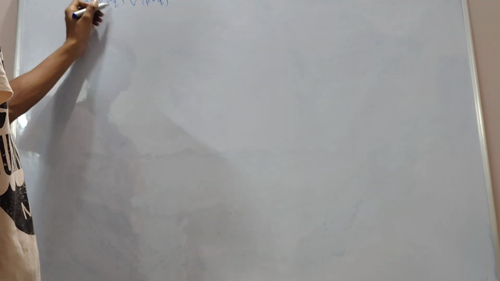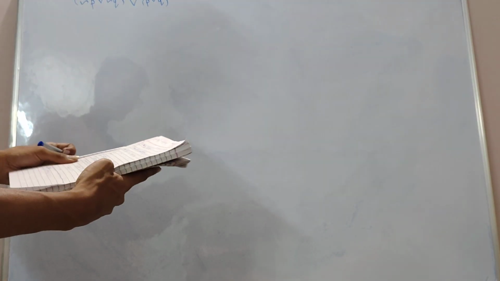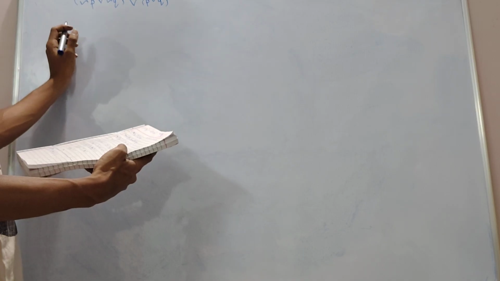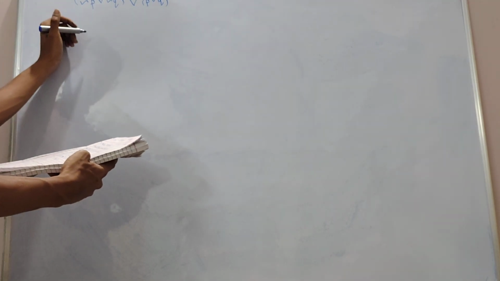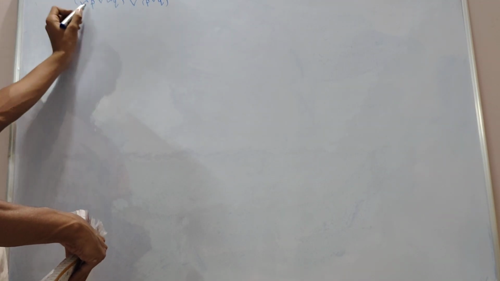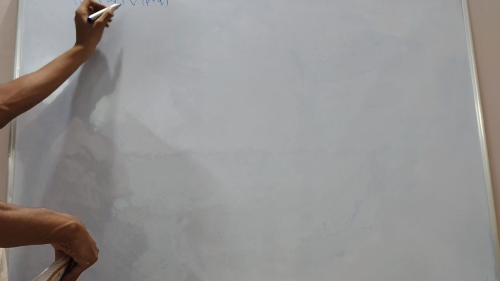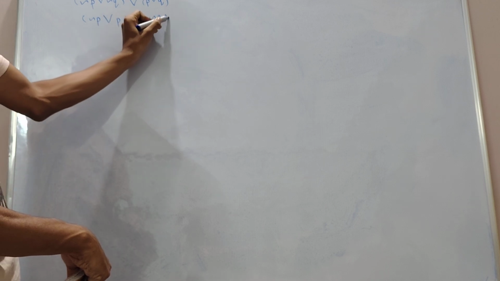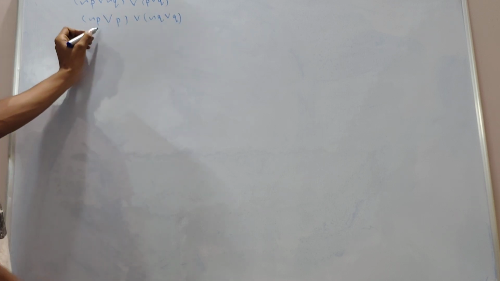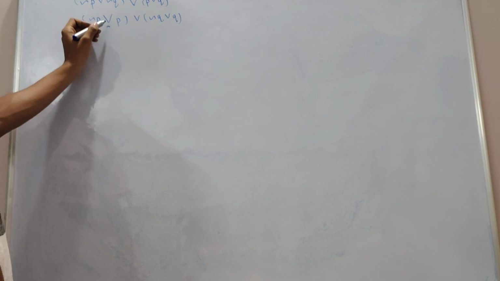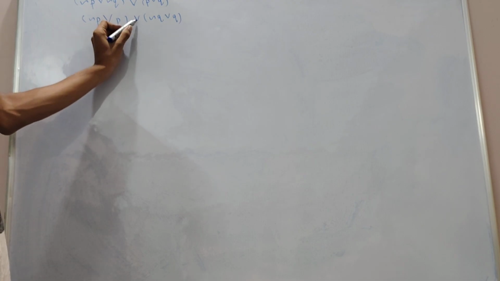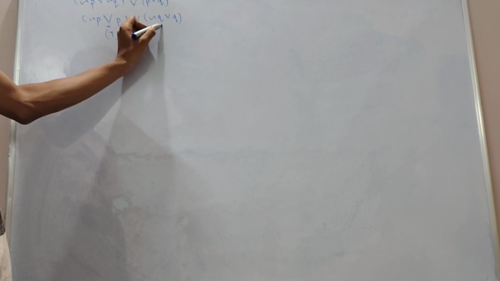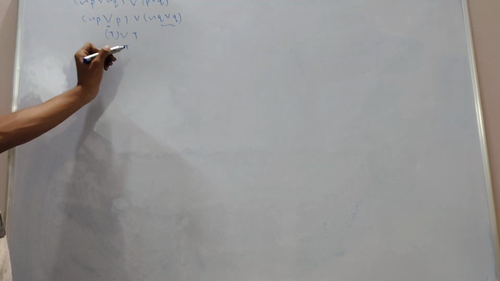I will use distributivity. I will use associativity and commutativity, right? So I will write negation of P or P or negation of Q or Q. Here it is or, so it will be true. Here it is or, so it will give true, and this will give true, right?